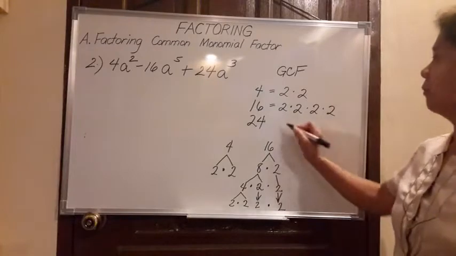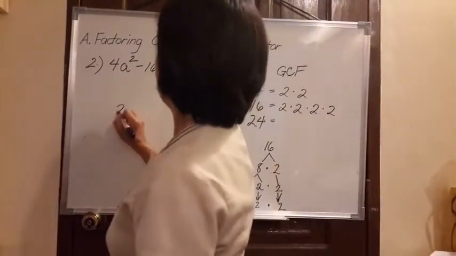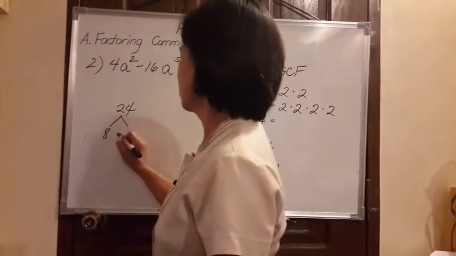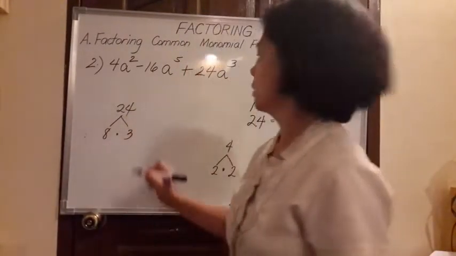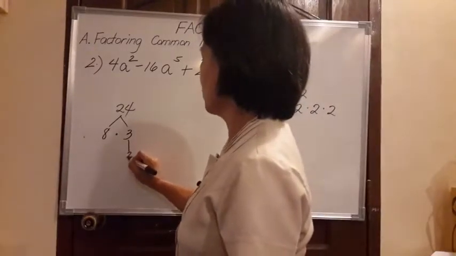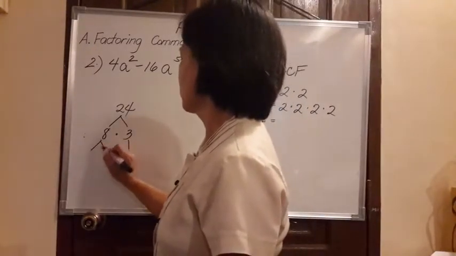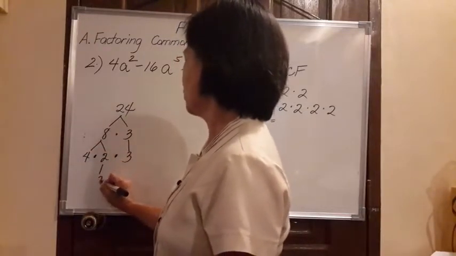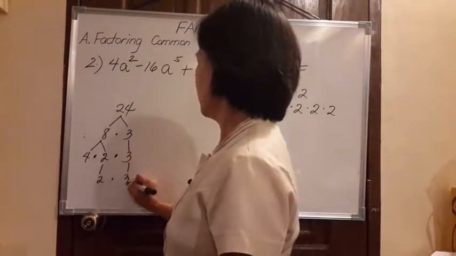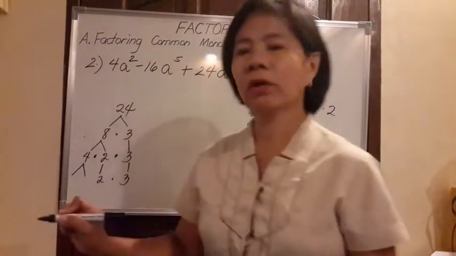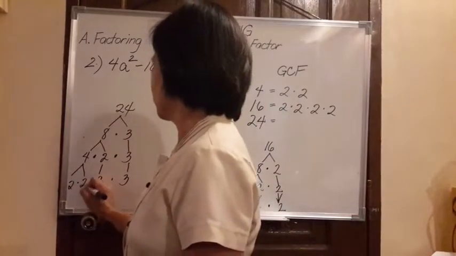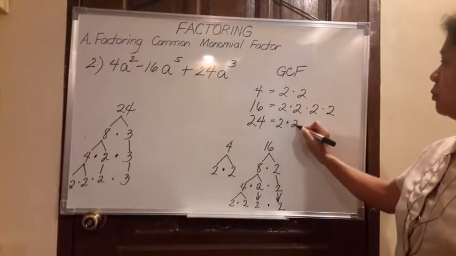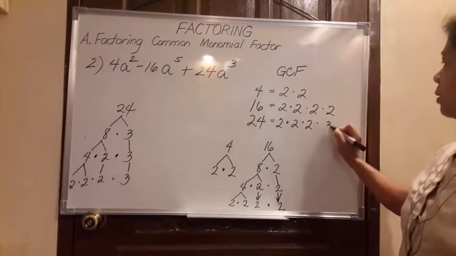What about 24? Prime factorization of 24. First, you can use 8 and 3. 3 is already prime, so bring down 3. What about 8? You can use 4 and 2. So bring down the prime numbers 2 and 3. And 4, you can still reduce by 2 and 2. So the prime factorization of 24 is 2 times 2 times 2 times 3.